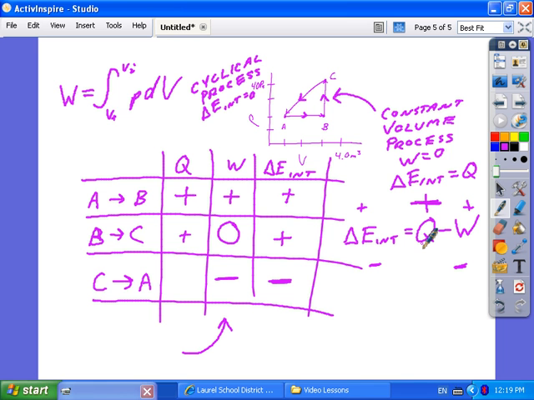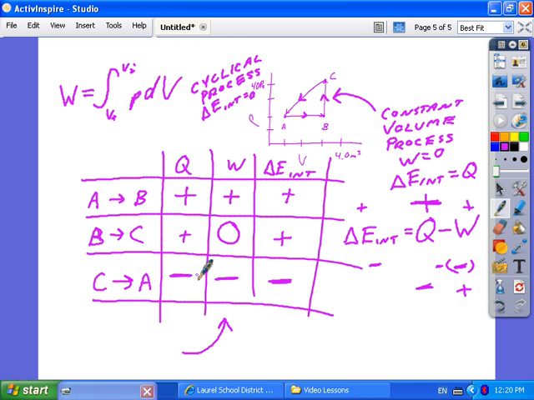Right? But let's just say in general, well, minus a negative, think about this. If we take minus a negative, that's the same as saying that we have a positive value. So, because I have a small positive, that means in order for the change in internal energy to be negative, I need this to be at least a negative value.